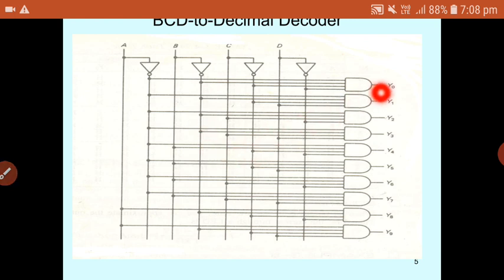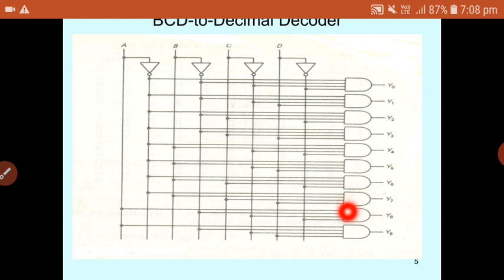For example, if you observe y0, it is nothing but all the complements: A bar, B bar, C bar and D bar will give you the y0 expression. Similarly, for y1 only the D input I will be considering, and the remaining are all inverters, A bar, B bar, C bar and then D. For y2, only the C input, so A bar, B bar, C, D bar.